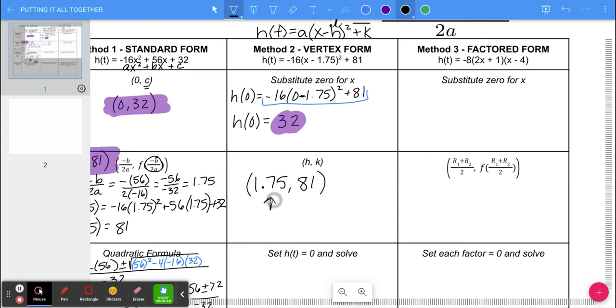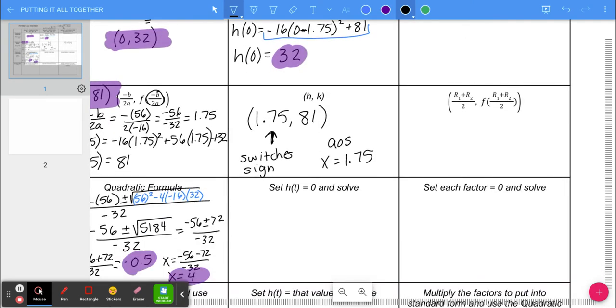Remember, this one, it looks like we switch signs because it's x minus h. So when I put 1.75 in, it actually looks like negative, but it's not. It switches sign. Again, your axis of symmetry would be x is equal to 1.75.